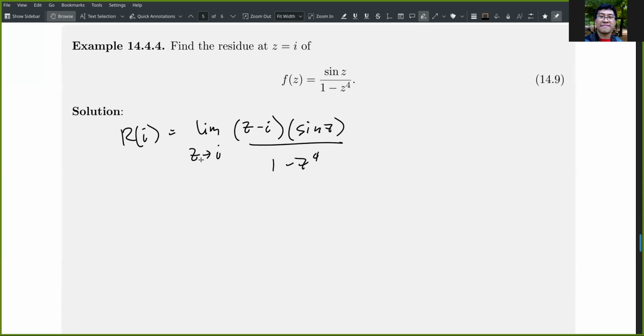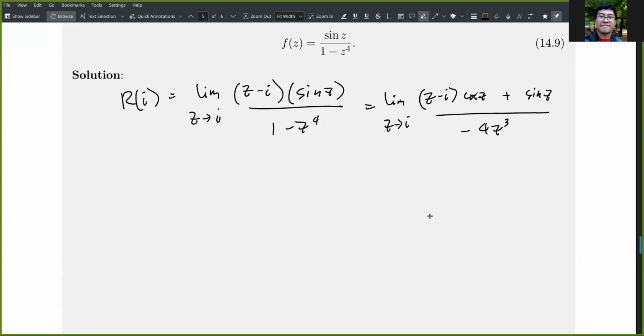Plugging in i directly, this becomes 0 over 0, an indeterminate form. We take the derivatives again using L'Hopital's rule. You have z minus i times cosine of z plus sine of z, divided by negative 4z to the power of 3. Evaluating at i, this becomes 0, so you have sine of i divided by minus 4i to the power of 3.